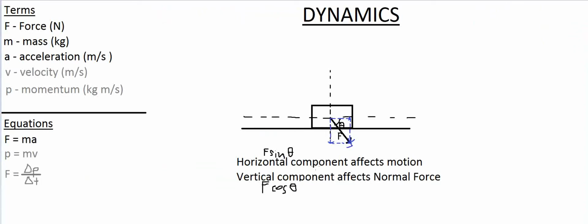Use your trigo. So if you want to know the motion, calculate F sine theta and use F equals ma to find the acceleration. The normal force you don't need to know, since it affects things like friction, which you don't need to know how to calculate.